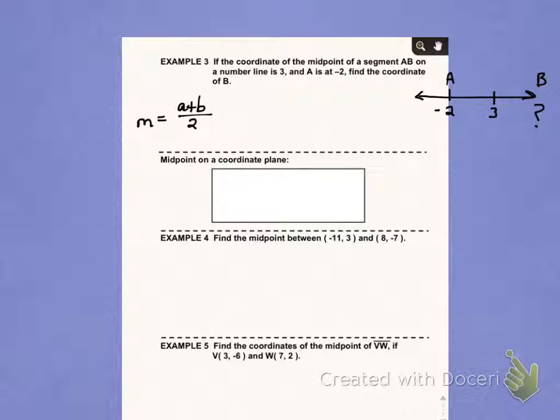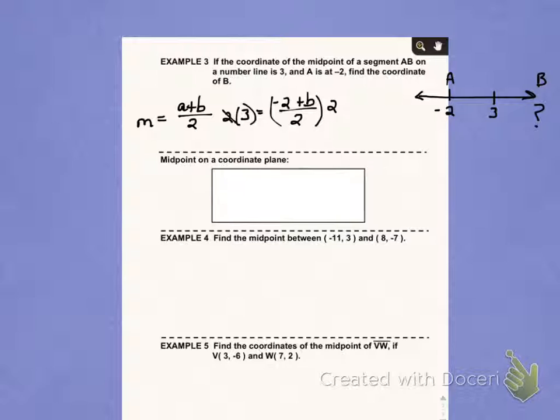Okay? Now, if you're going to plug this in, what you have is your midpoint is at 3, and that equals negative 2 plus B over 2. Well, what you're going to do to solve that is you're going to multiply by 2 on both sides.